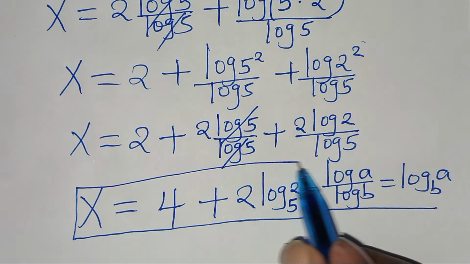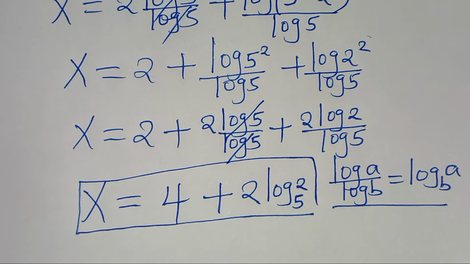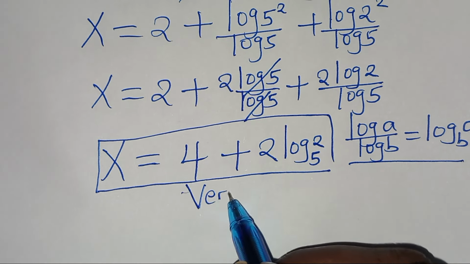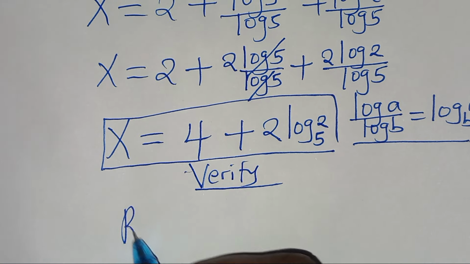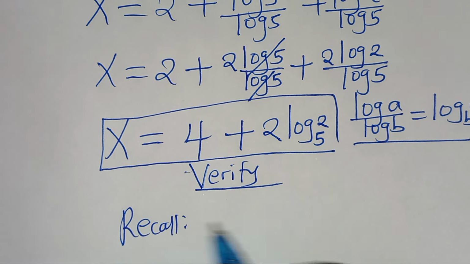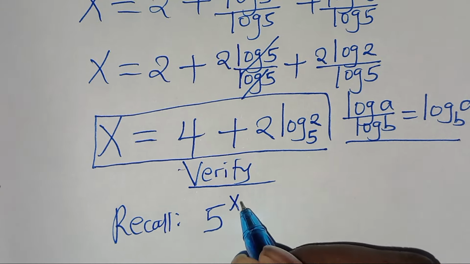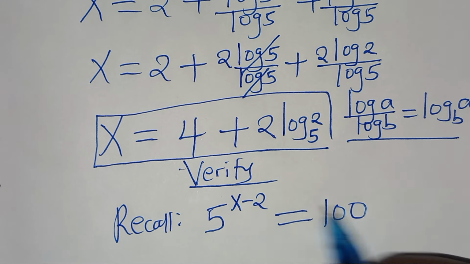The next step from here is to verify that this value of x satisfies the equation. So let's verify from here. Now, if you recall, we have that 5 to the power of x minus 2 should give us a value of 100.